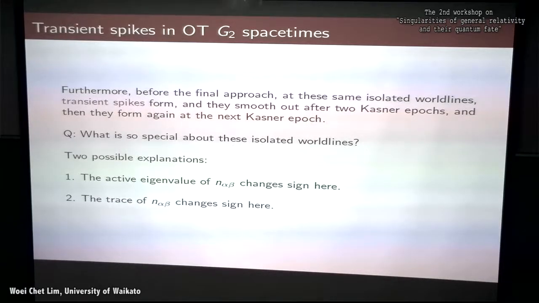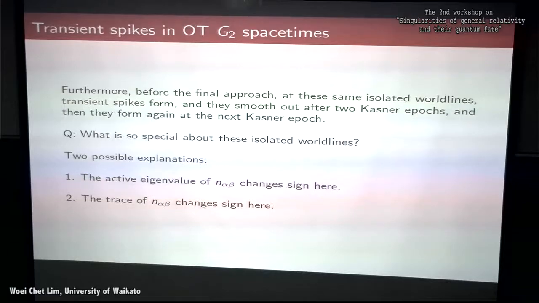But before you reach the end of that Kasner era, actually you can also have transient spikes. So these are spikes that form and then deform. And this happens a finite number of times because of the zigzagging. These spikes form and deform a finite number of times before finally forming as a permanent spike at the end of the Kasner era.